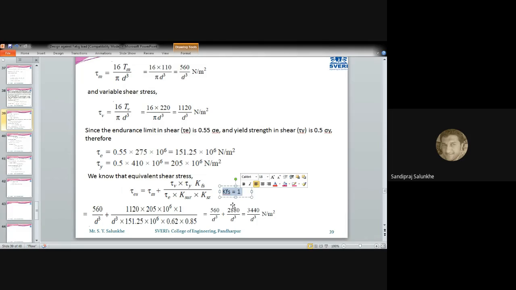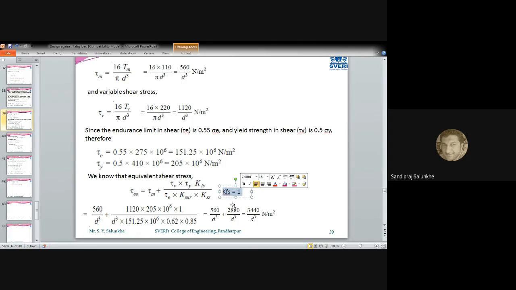That's why we assume that stress concentration will not be there. See, while solving problems, we have to solve more problems if you want to understand such small things which are required while solving problems.